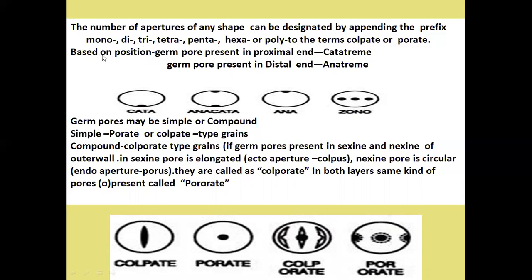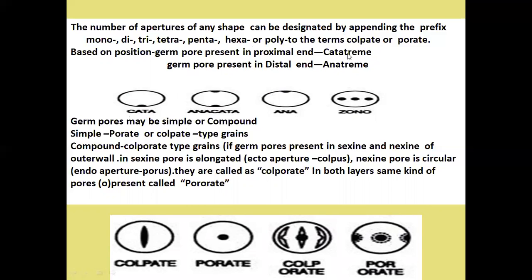Based on position, if the germ pore is present in the proximal end, for example, this is the proximal end and this is the distal end, that is called catatreme. If the germ pore is present in the distal end, opposite to proximal, they are called anatreme.